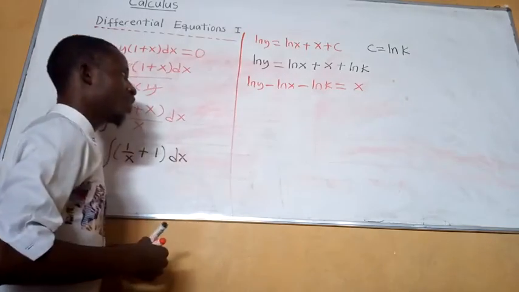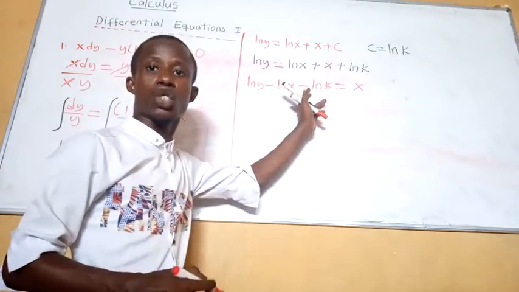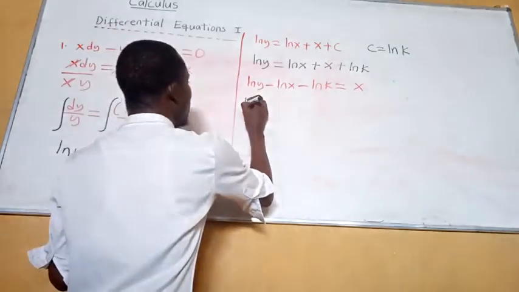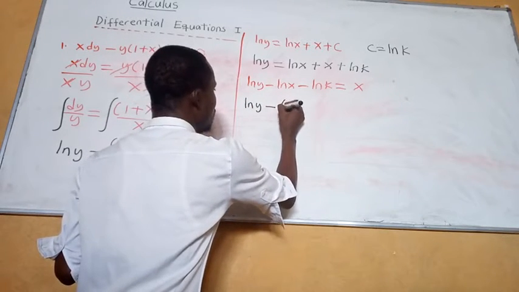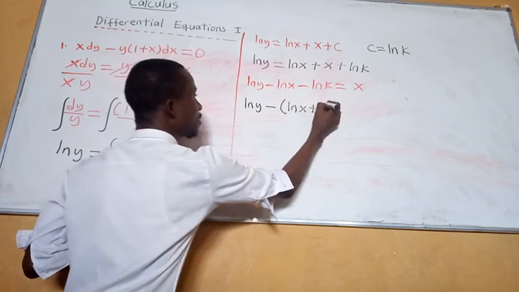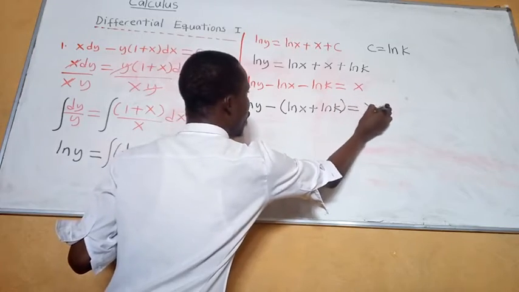We can see that we have a negative sign, so we can factorize the negative sign outside. So here we have ln of y minus, open parenthesis, ln of x plus ln of k, equal to x.